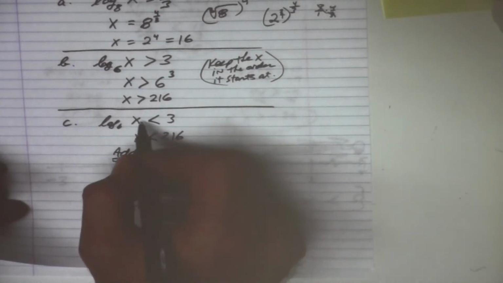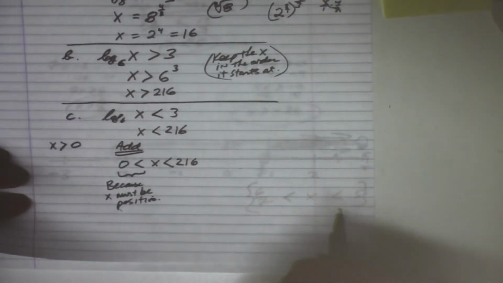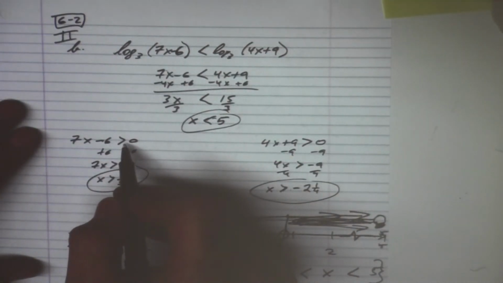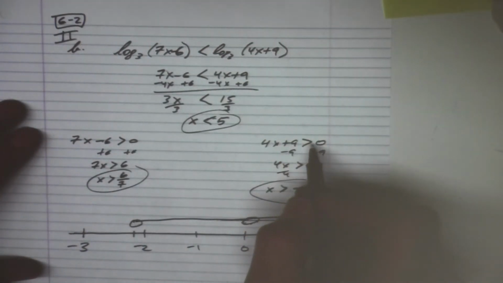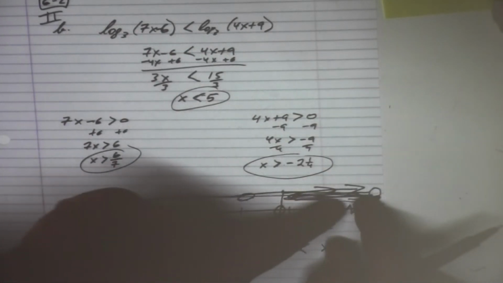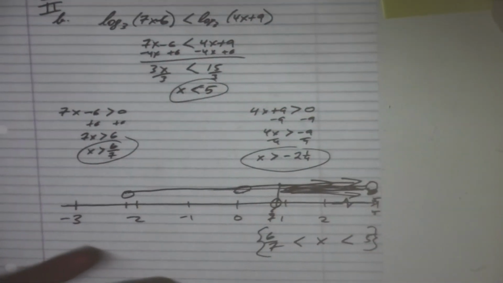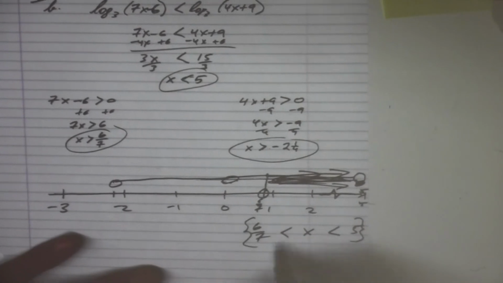I guess I could have written that since x is less than 216, let's also separately say that x here must be greater than 0, which is what we did. We then put those two together. But writing that down and thinking about it is in keeping with what we did over here, with also taking this one and making it greater than 0, and taking this one and making it greater than 0. That gives us these boundaries. We show those on the number line, and then we do this one and show it on the number line, and we find this area that is true. And therefore, here's our answer.